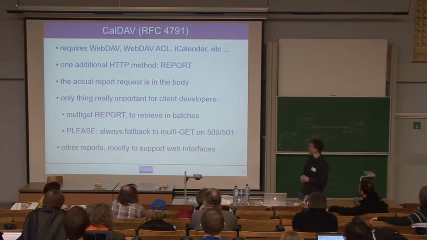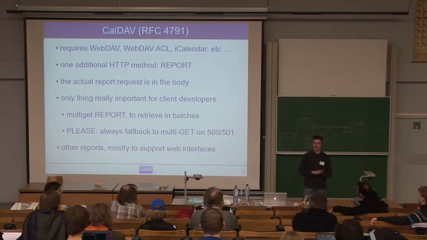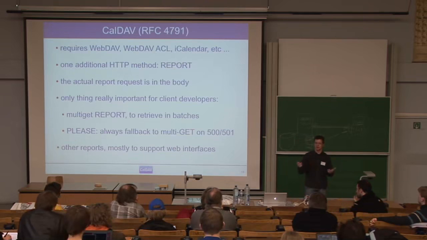There's one report which is very useful, and that's the so-called multi-get report. When you synchronize a server the first time, and for example, it contains 1,000 events, what happens is that the client issues a PROPFIND, it discovers the 1,000 event URLs, and then goes on to do 1,000 GET requests to retrieve the items.